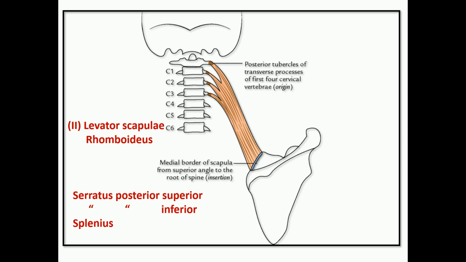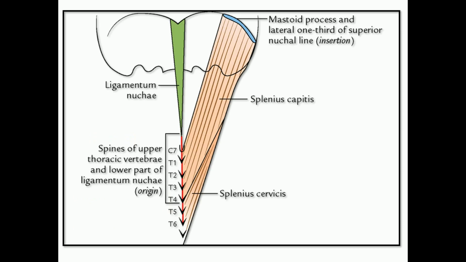And then the second layer contains an important muscle, that is the splenius muscle. The splenius muscle is divided into divisions: splenius thoracis, splenius cervicis, and splenius capitis. We discussed the two divisions, splenius capitis and splenius cervicis. These are the origin.